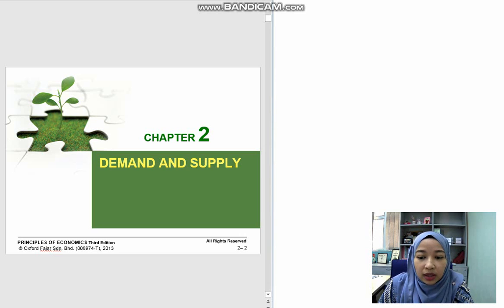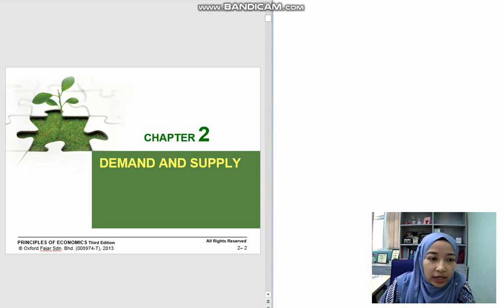Then we are going to look at the second part of this topic, which is on supply. The same thing, we are going to understand the concept of supply, and then look at what factors can affect supply or production, and we are going to look at the elasticity of supply and also different types of elasticity. For that elasticity part, I'm going to explain further later on.